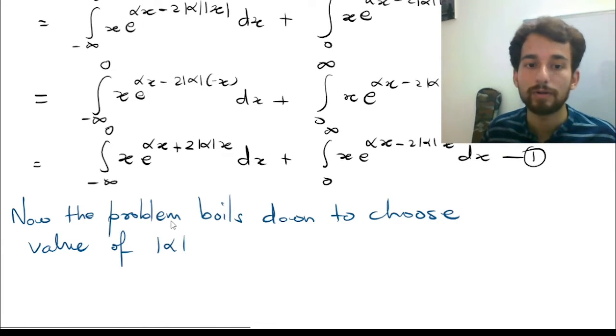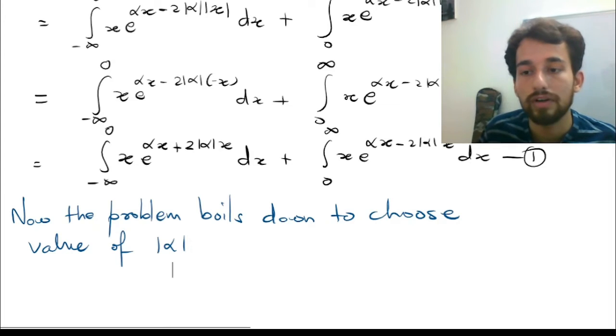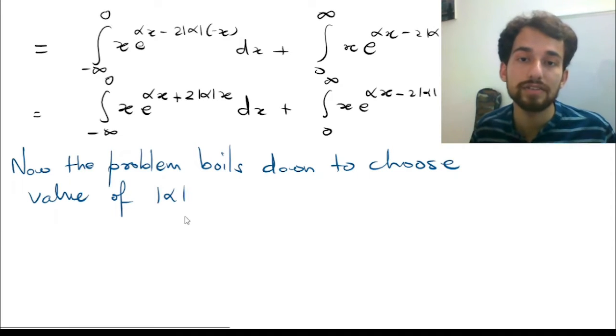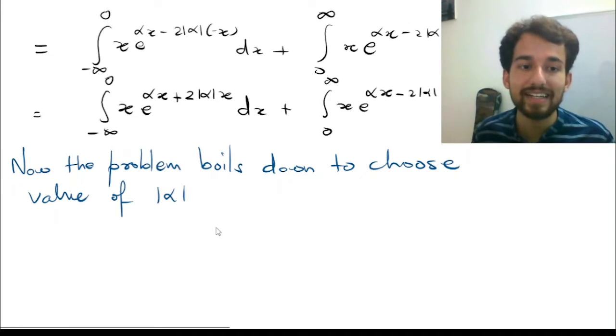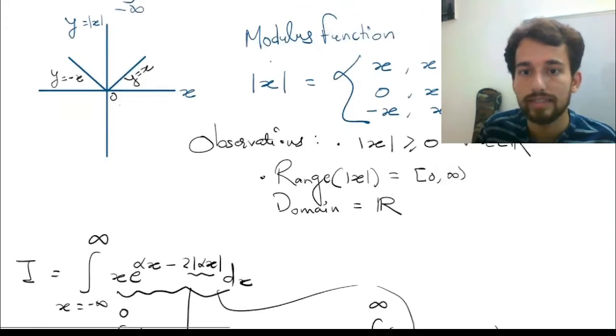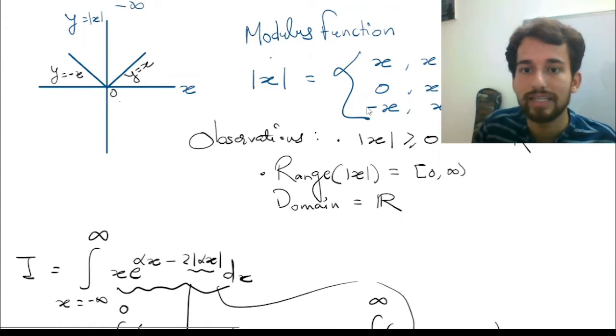Now what is going to happen now? In order to solve it further, we have to see what values this quantity modulus of alpha can assume. So it is again quite easy if you use this definition, this one over here, replacing x by alpha everywhere. So you find the answer.